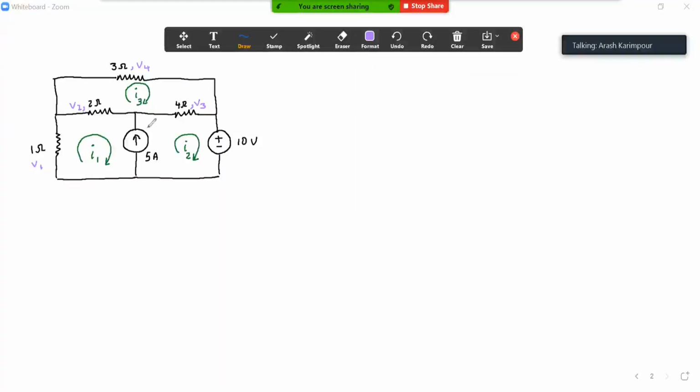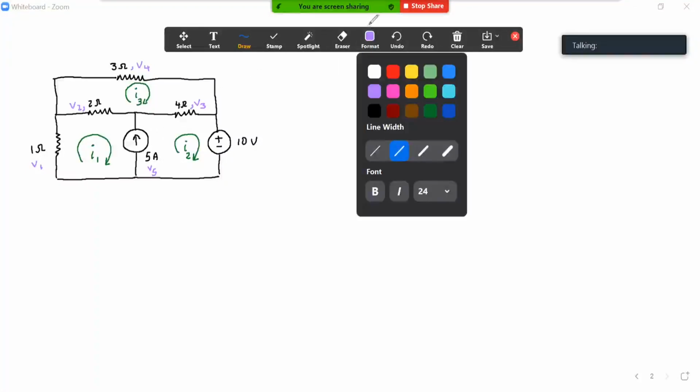And whatever voltage the current source has, which we don't know, assume it's V5. There's no way we know V5, so we cannot write any equation that contains V5.